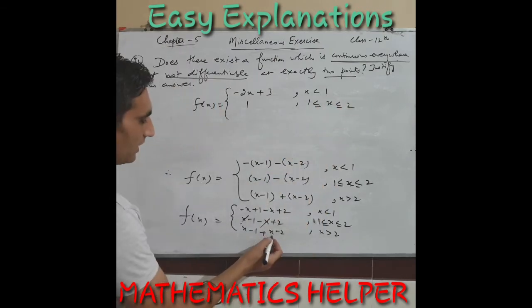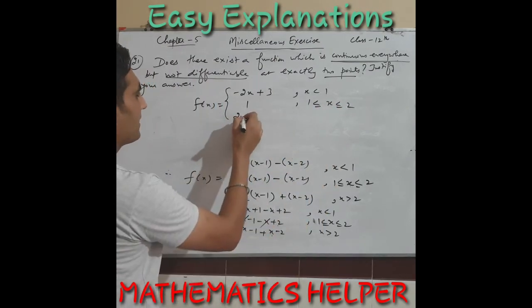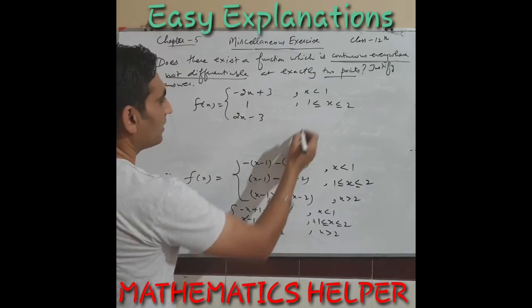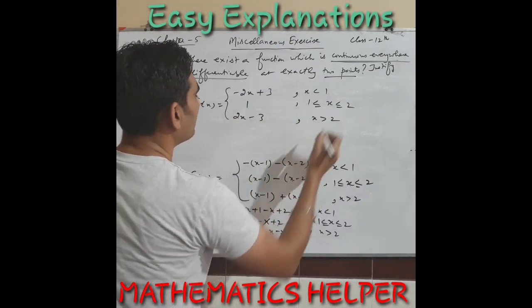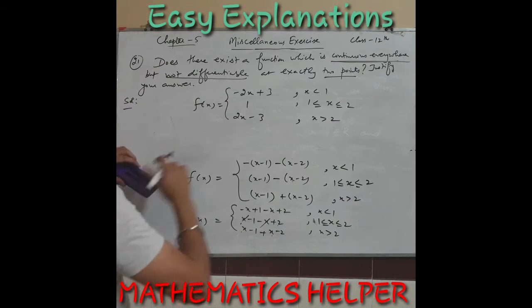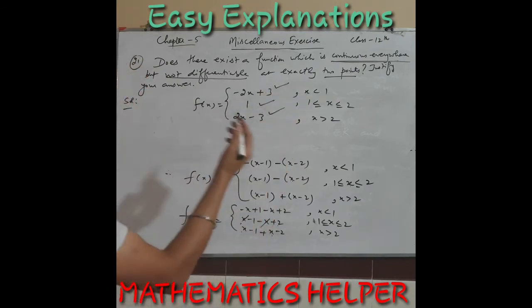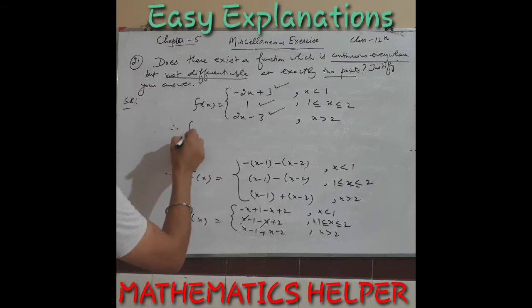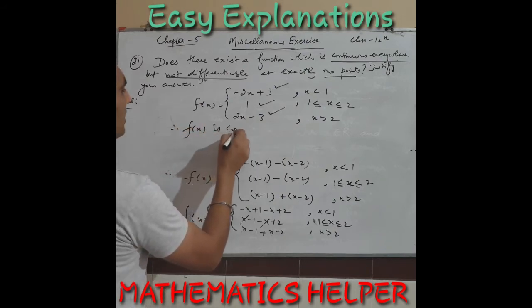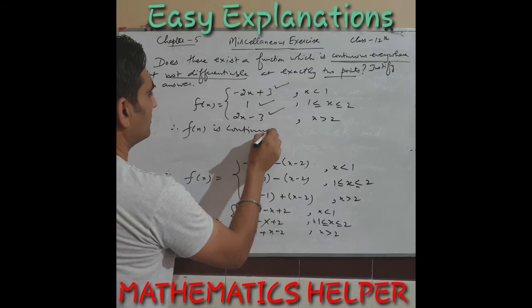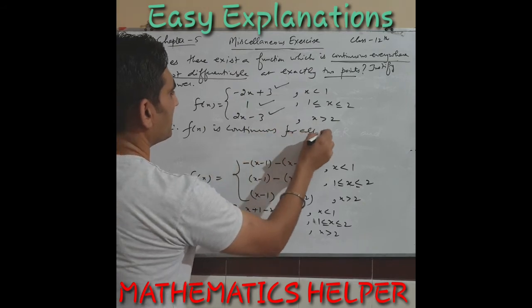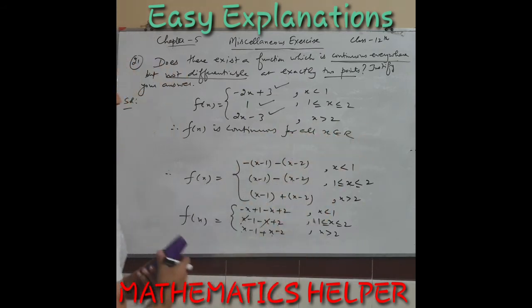And lastly, x + x, 2x - 3 for x greater than 2. See, all the statements for f(x) are polynomials. So therefore we can say f(x) is continuous for all x belonging to real numbers.